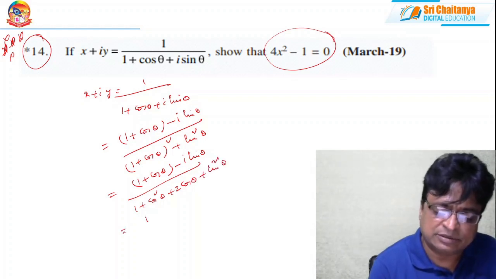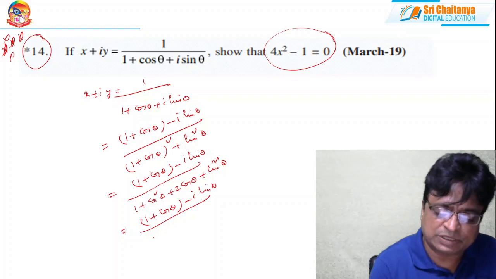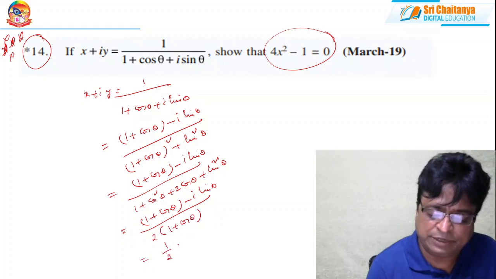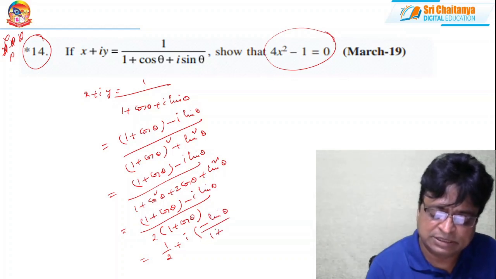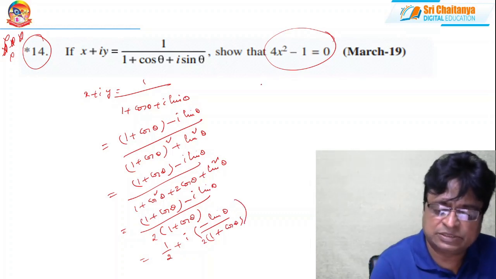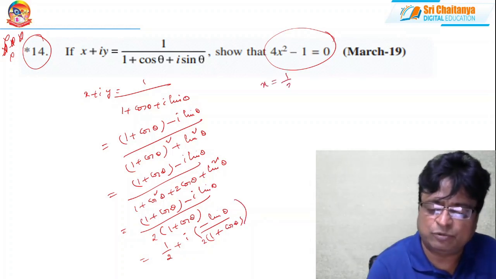So this is (1 plus cos theta minus i sin theta) by, since sin square theta plus cos square theta is 1, 1 plus 1, 2, 2 into (1 plus cos theta). After simplification, it is 1 by 2 plus i into minus sin theta by 2 into (1 plus cos theta). If I equate the real parts, my x is equal to 1 by 2 only.